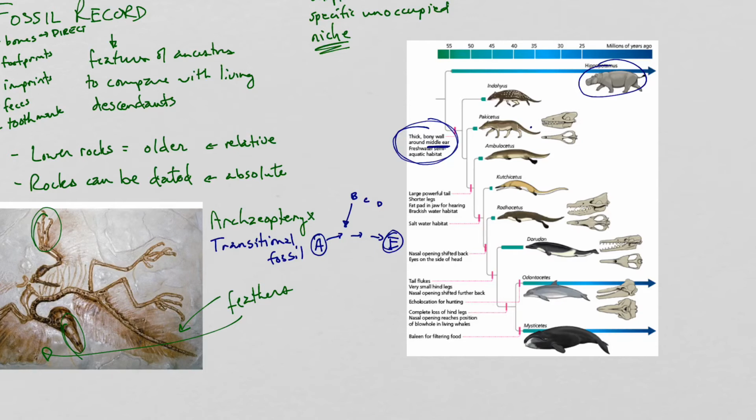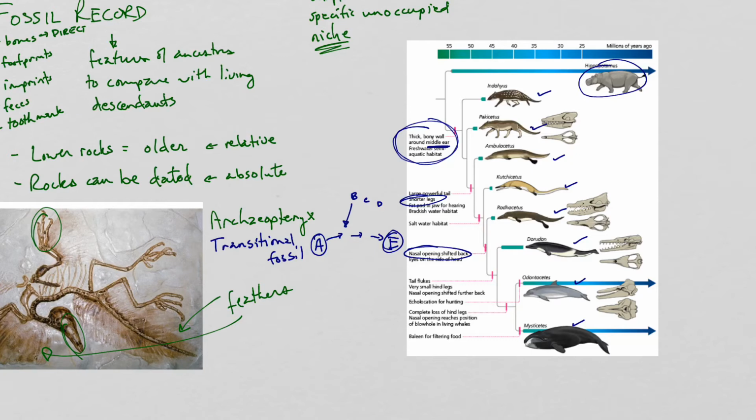They found one they called Indohyus, Pakicetus, Ambulocetus, Kutchicetus, Rodhocetus, Dorudon, Odontocetus, Mysticetus. They kept finding these fossils, and by looking at similar structures and trying to figure out where things changed from one place to another, they were able to sort of piece together this thing. They were able to see that the legs were getting shorter. One of the cool things is that they're able to see that nose shifting from the very front.